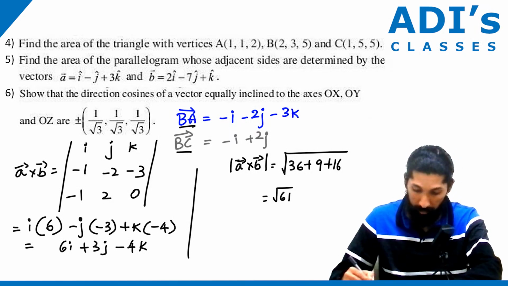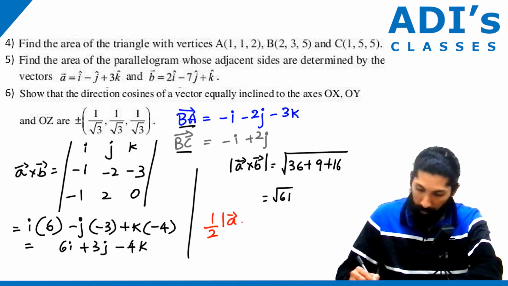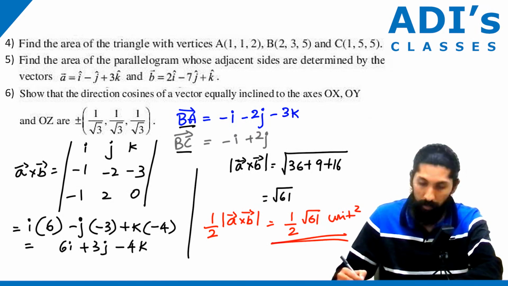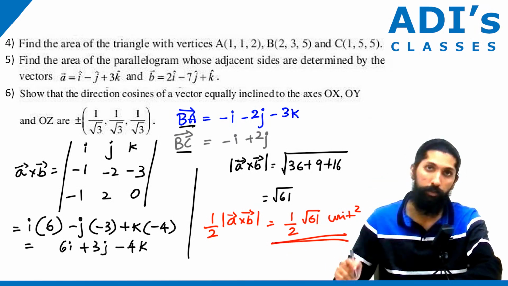Fine, root of 61. But what we need is half of mod of A cross B. This is equal to half root of 61 unit square, or you can also write it as square units. So this is the answer for the fourth question.